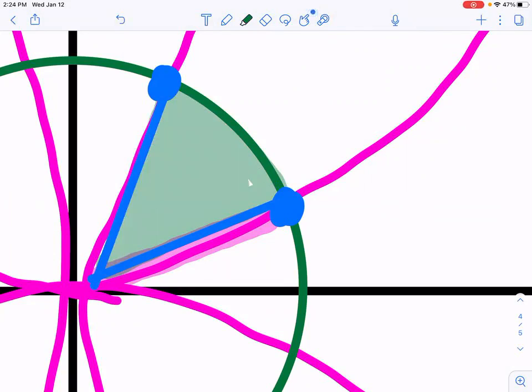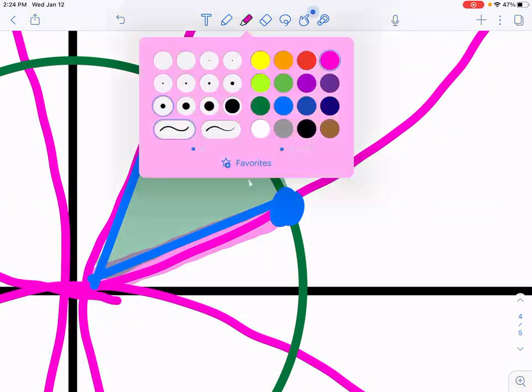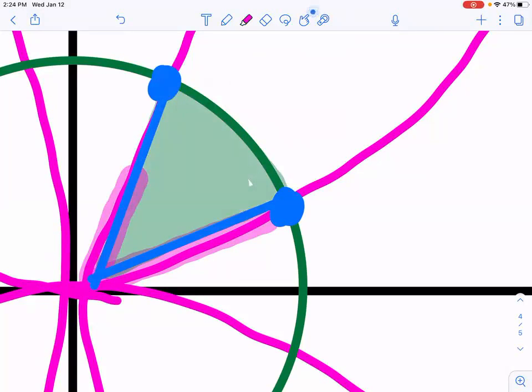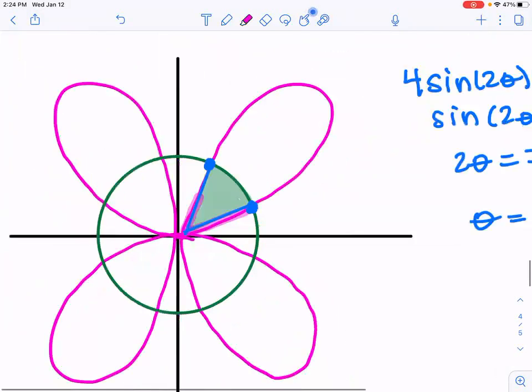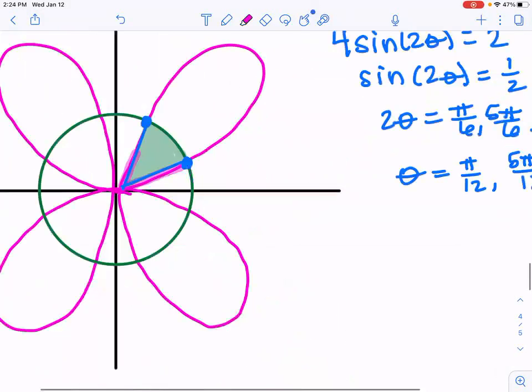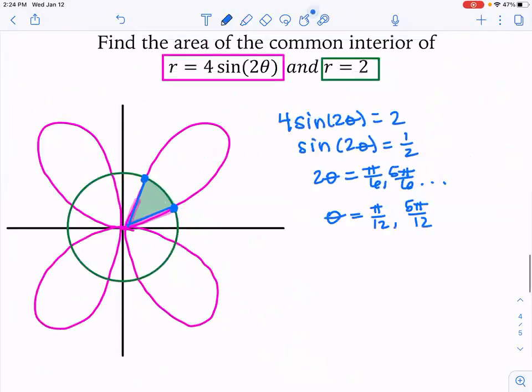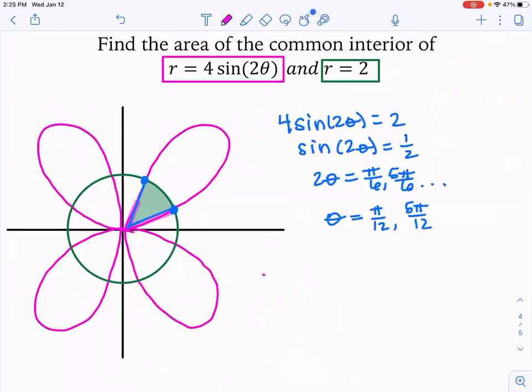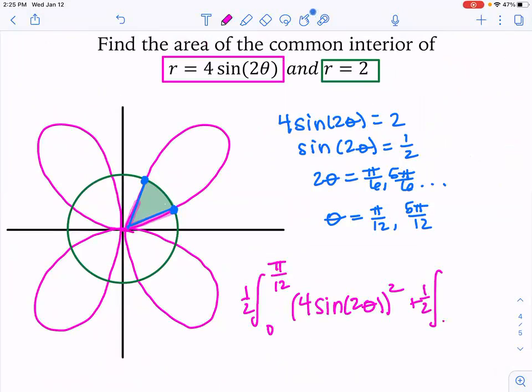Now, luckily, we do have symmetry, right? And the other pink. And what's going to be true about the two pinks? They're the same. So just for that one piece right there, we would need the integral from 0 to pi over 12 of our rose curve, plus the integral from pi over 12 to 5 pi over 12 of the circle.